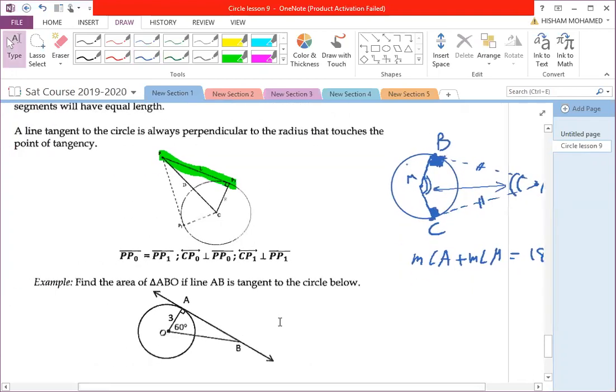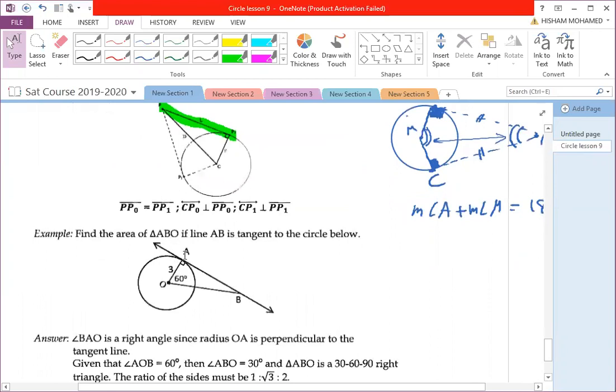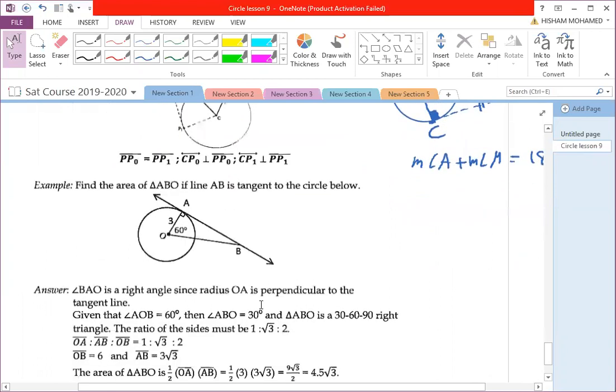For example, find the area of the triangle AOB, where AB is a tangent to the circle below. So this angle is 60, this angle is 90, so this angle is 30. The side opposite to the angle 60 is equal to √3 multiplied by the side opposite to the angle 30.